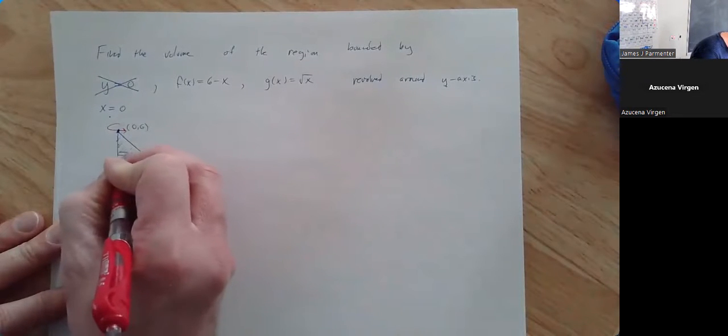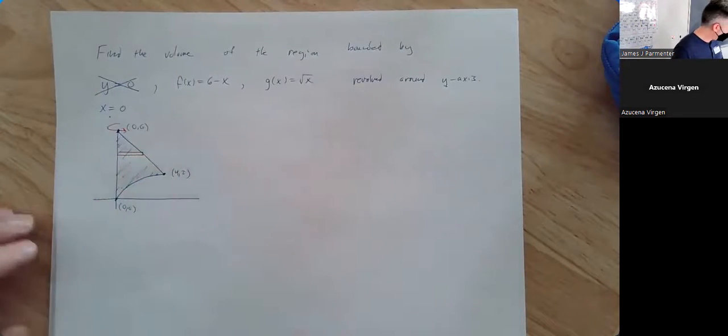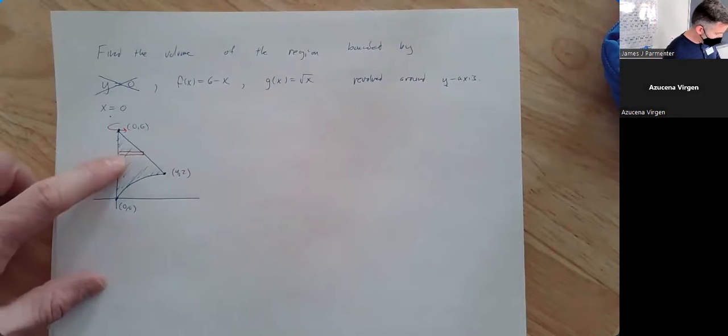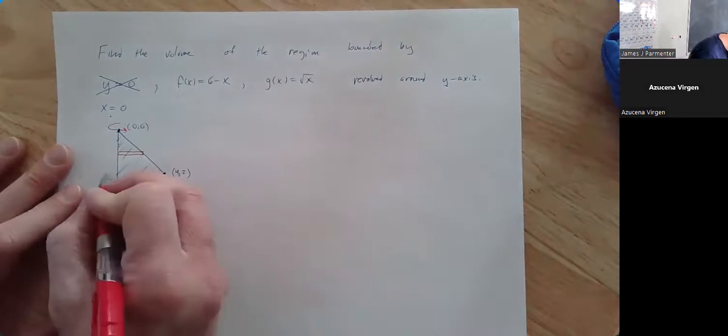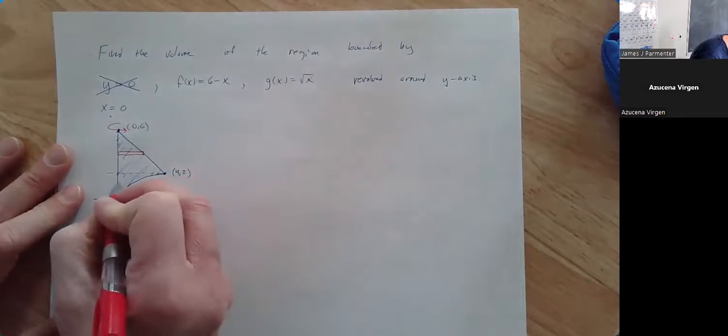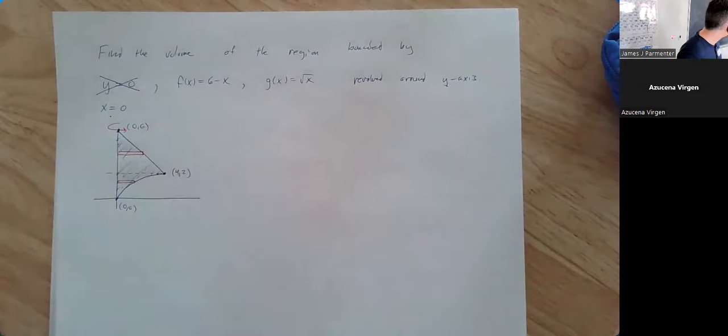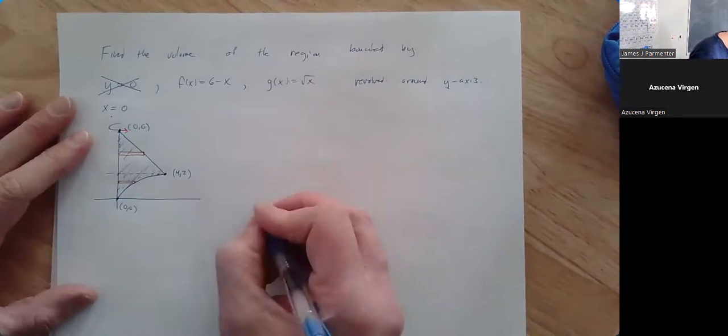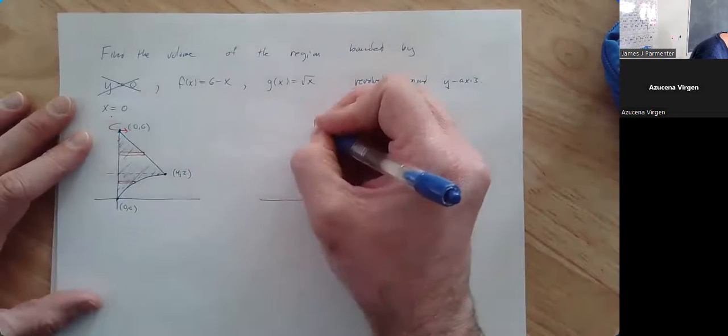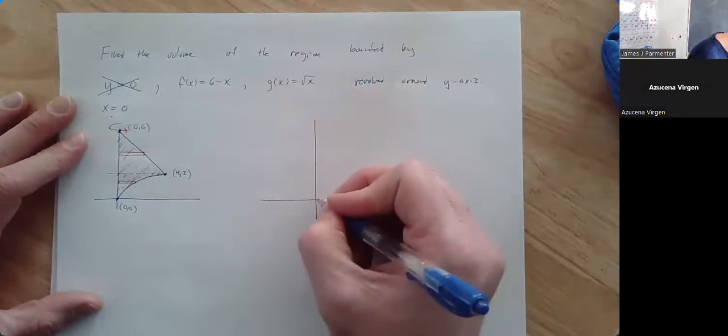The unfortunate thing about that is we have to break this up, right? This strip and this strip have different right-hand functions. So if we rotate this thing around, let's see if I can do a decent job drawing this.